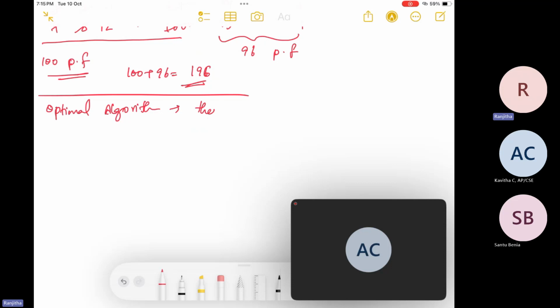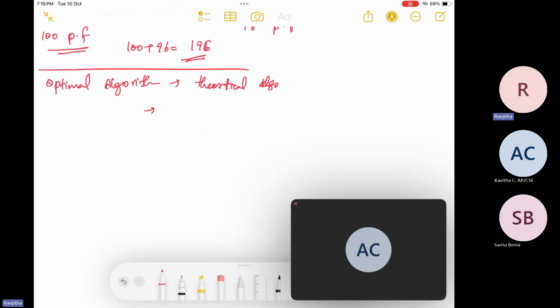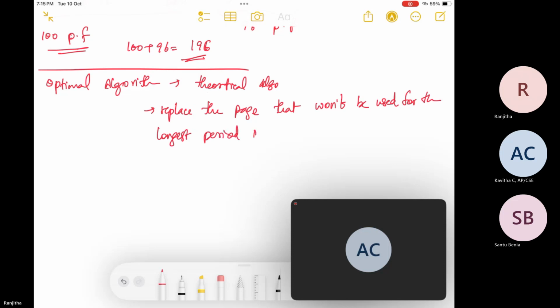It replaces the page that will not be used for the longest period of time in the future. Now let's go to LRU, that is least recently used.